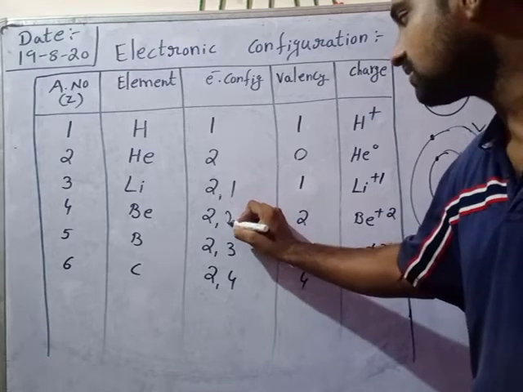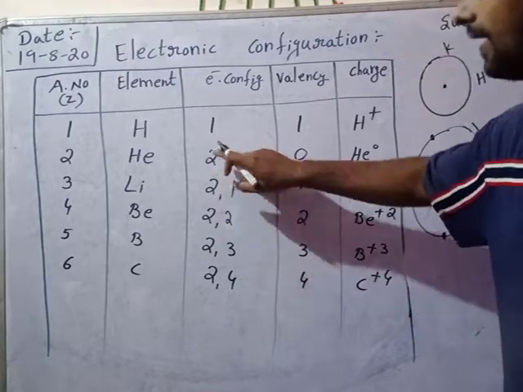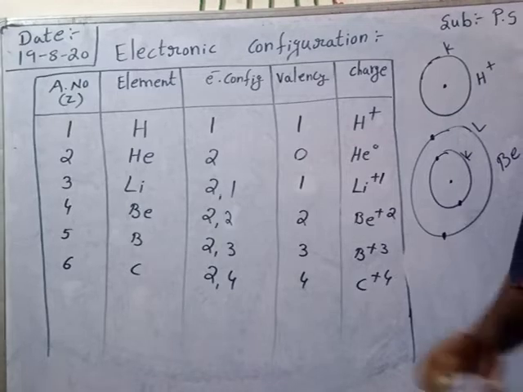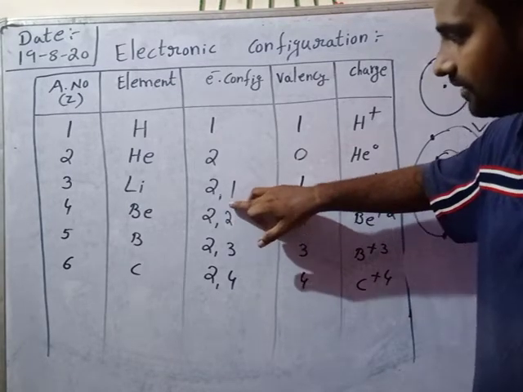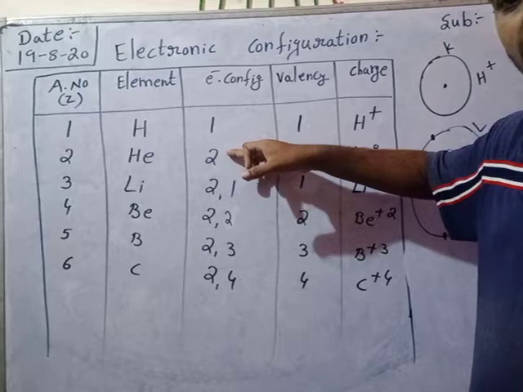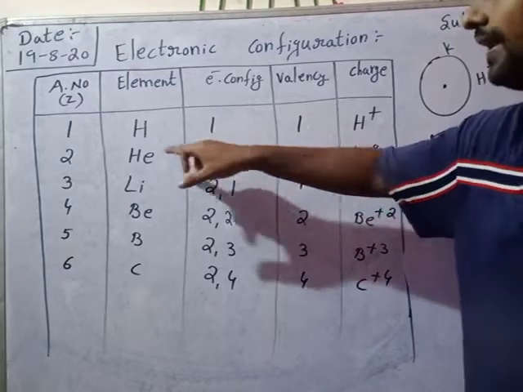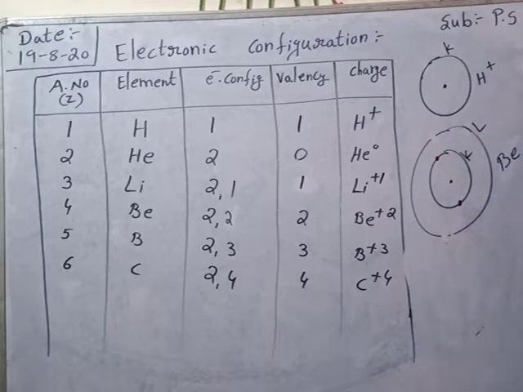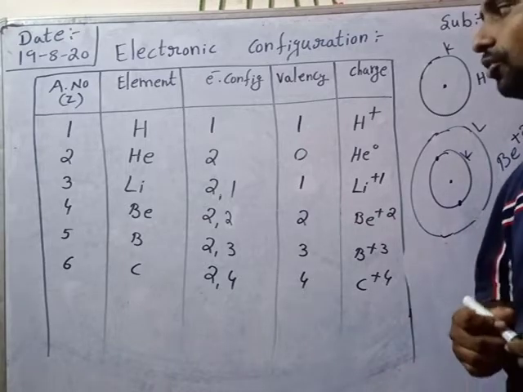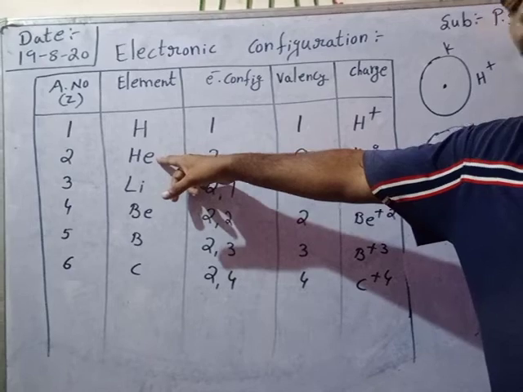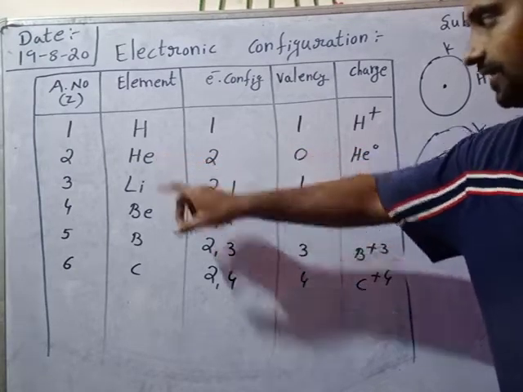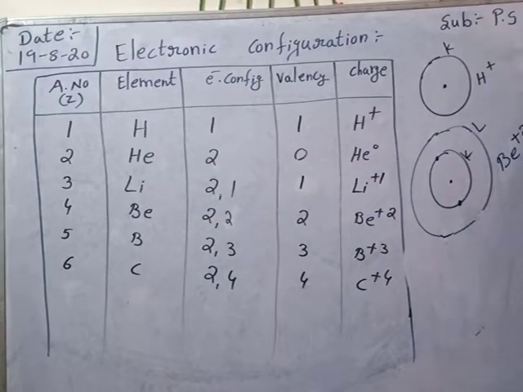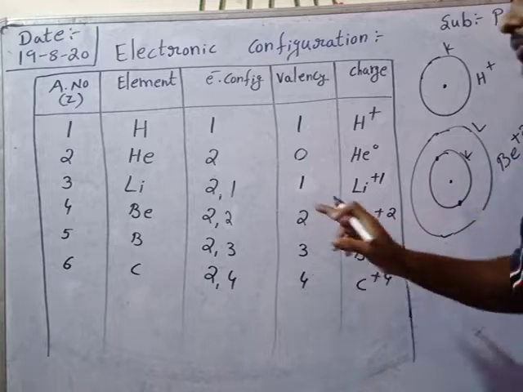For example, if beryllium loses 2 electrons in the outermost shell, it reaches 2, which is the electronic configuration of helium. So what is the charge? Plus 2 charge, because the nearest zero group element of beryllium is helium. So the charge of beryllium is plus 2 and valency 2.